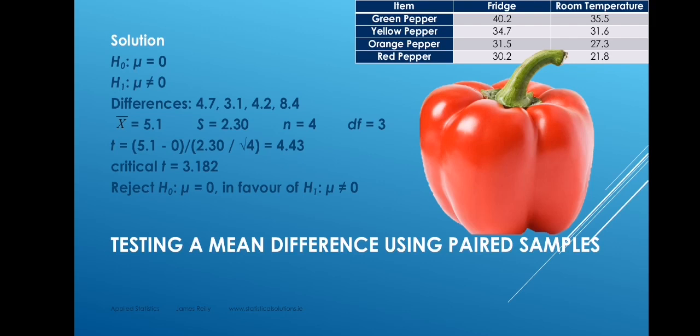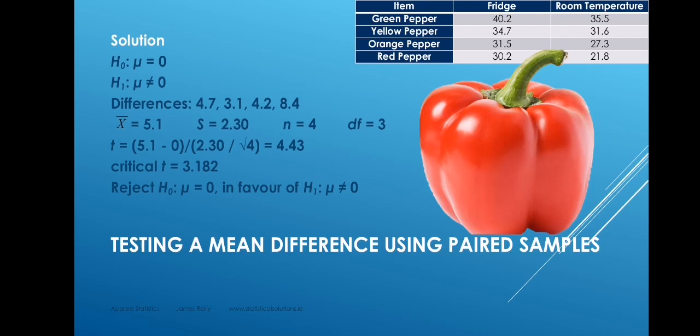In this way, we will only ever compare one colour of pepper with the same colour of pepper stored at the other set of conditions. So any differences between the peppers will not have an impact on our results. So our differences are listed there, 4.7, 3.1, 4.2 and 8.4. Those are the data that we will use to perform the test.